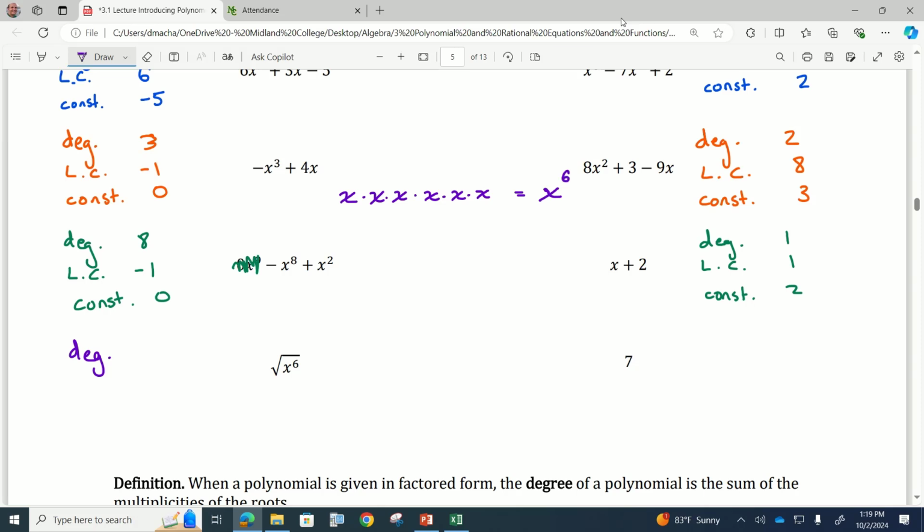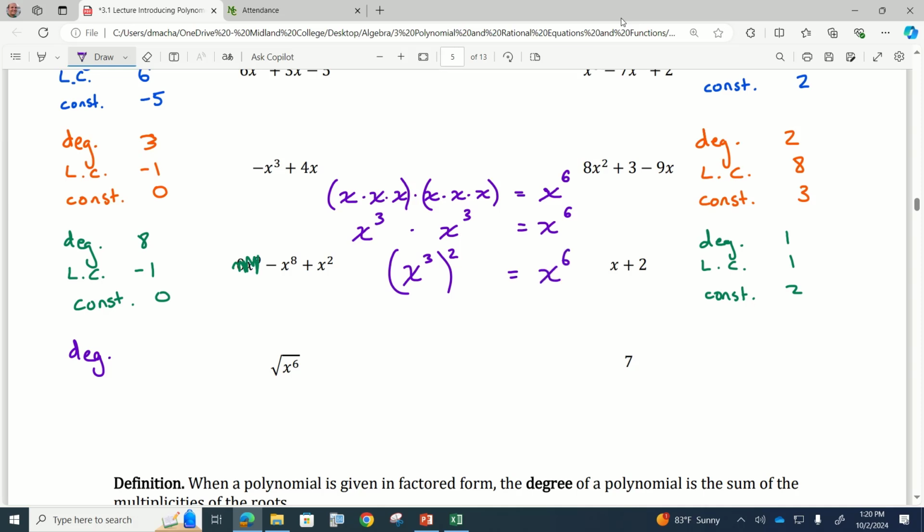But multiplication is associative, and that means I can throw in parentheses wherever I want, and it doesn't really change what we're doing. So then if I have x cubed times x cubed, that's still x to the 6th. And that, sorry, that's supposed to be a 6, is just x to the 3 power times itself. So that's like x to the 3 power squared.